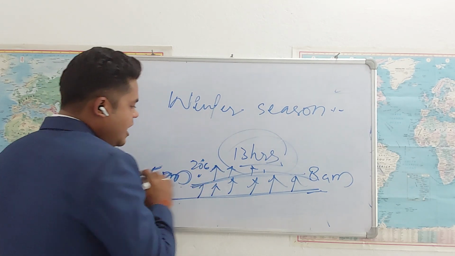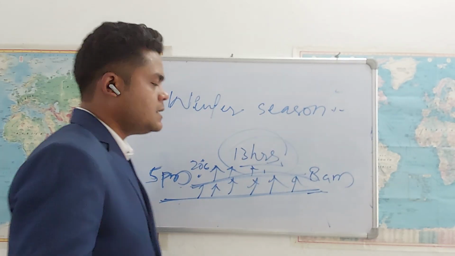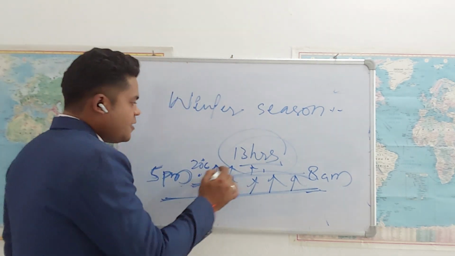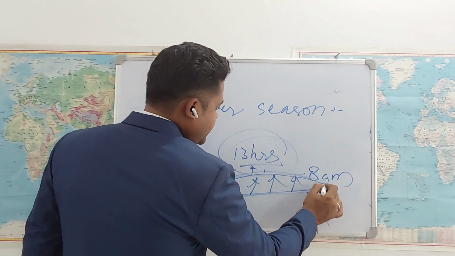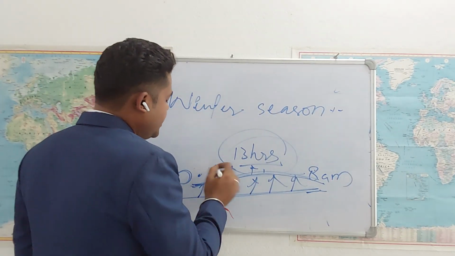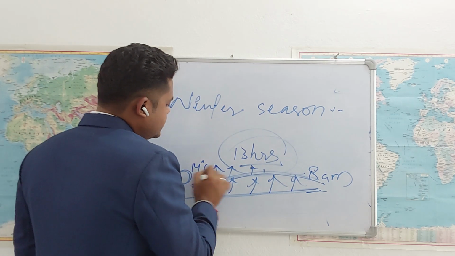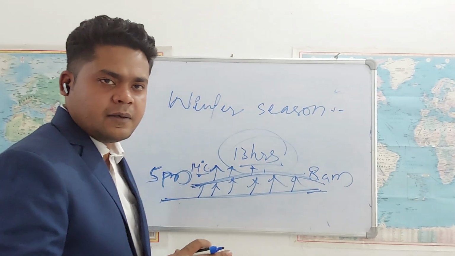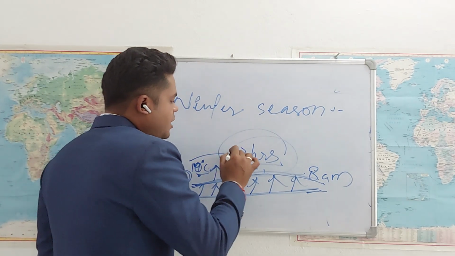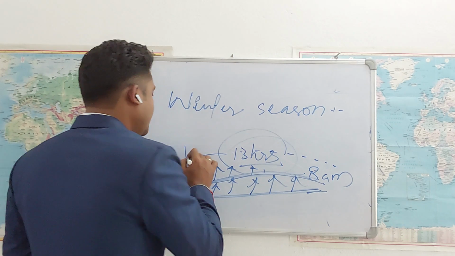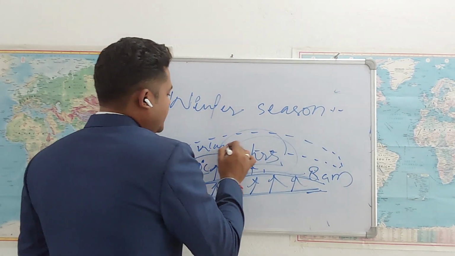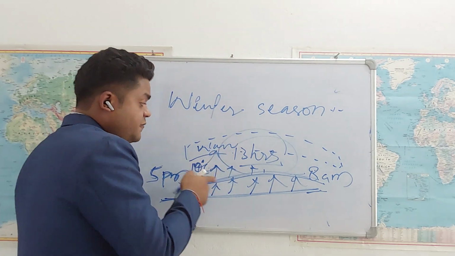After 13 hours, since it gets adequate time to lose its heat, the temperature of this particular area at around 8 a.m. will be around 14 degrees Celsius, or you can say 10 degrees Celsius, and the warm air will cover the rest of the temperature which escaped from the first surface.